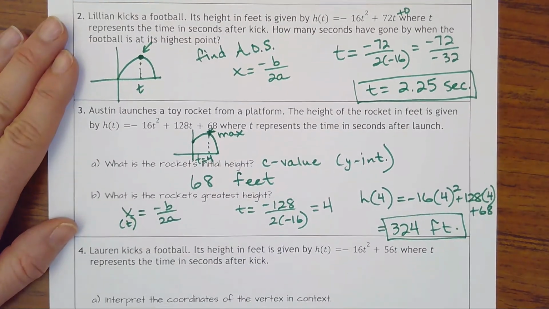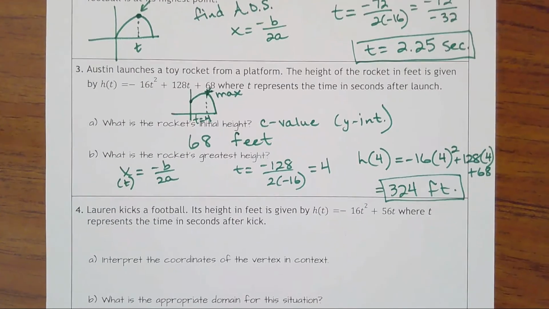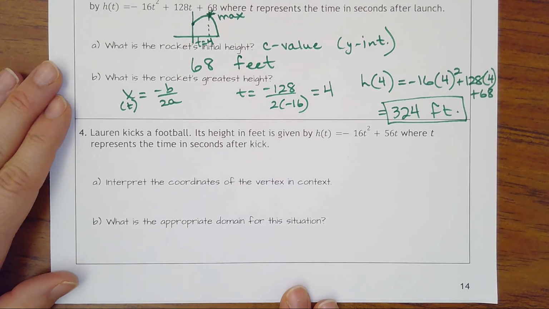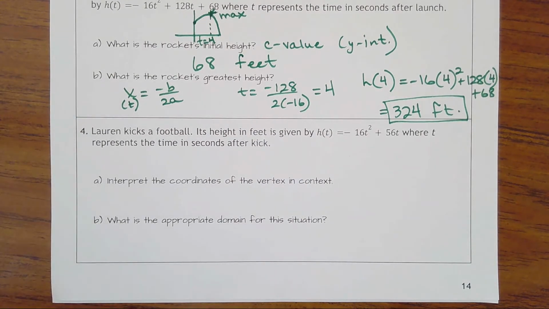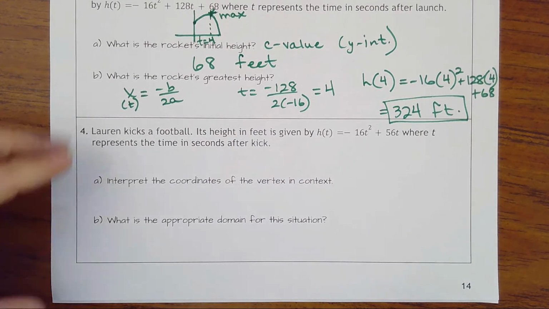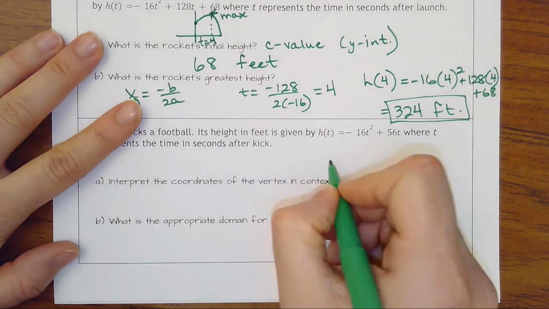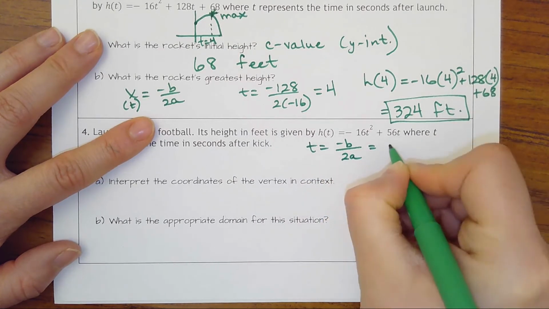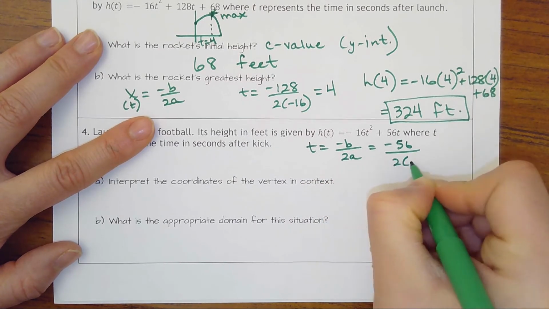Okay, one more. Lauren kicks a football. Its height is given in feet. T is the time in seconds. Interpret the coordinates of the vertex. So we've got to find the vertex. T equals negative b over 2a. Negative 56 over 2 times negative 16.